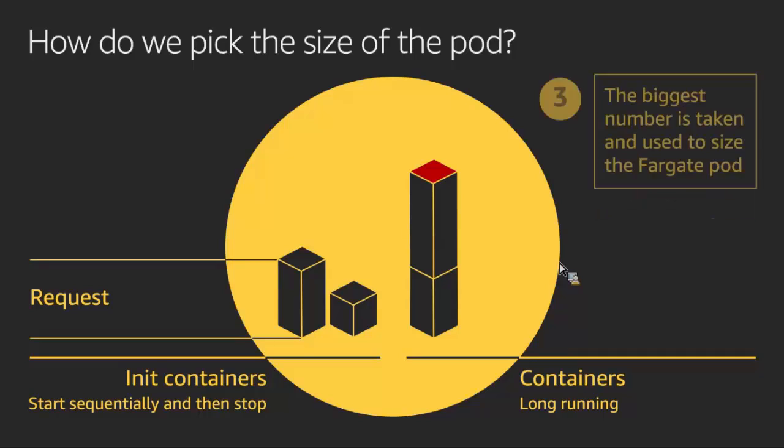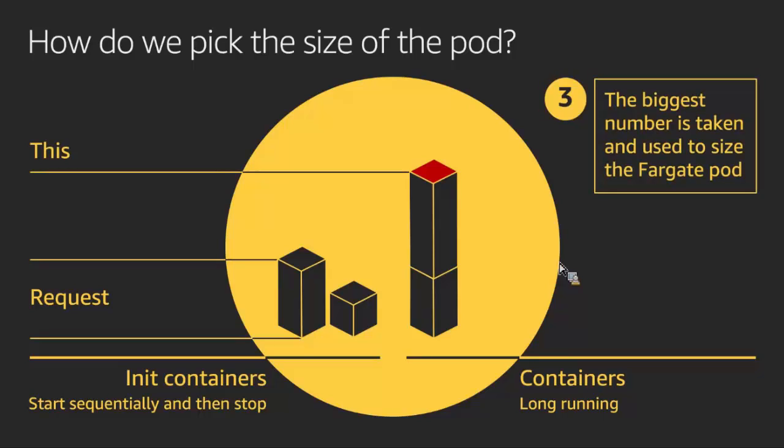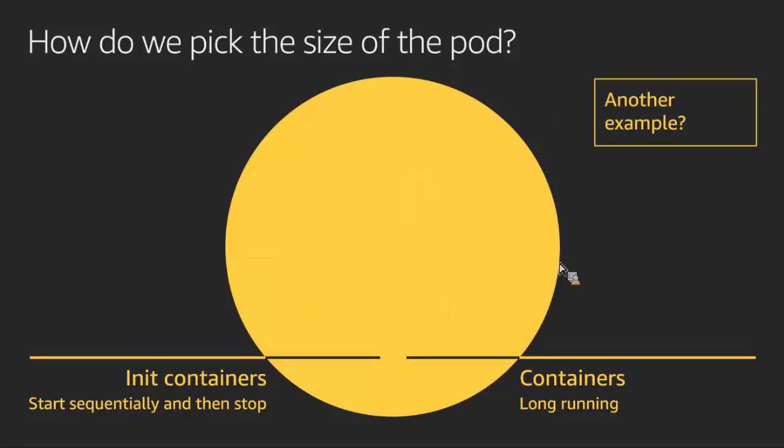At this point, we take the highest number between all the individual init containers, because they run individually, and the sum of all the long-running containers. In the example that I've made here, that is the highest number. So we take that number, and that number has two dimensions, CPU and memory, and that is what we use to size this pod.